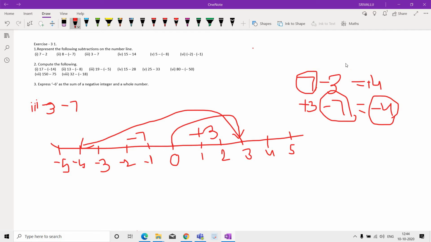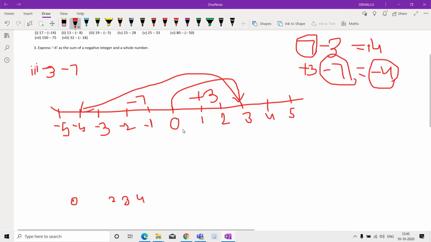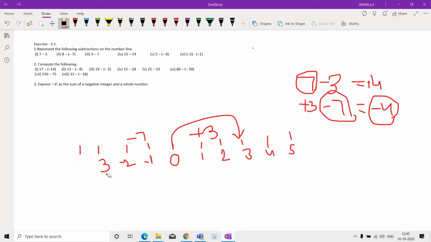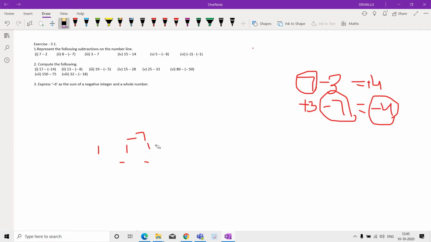So in this manner we can solve the problems. So I am getting minus 4. So we completed the third problem successfully too. Please note these problems in your notebook.